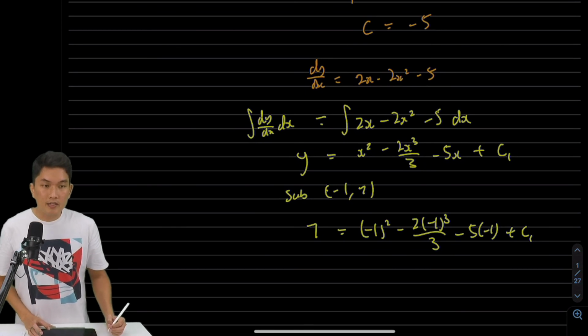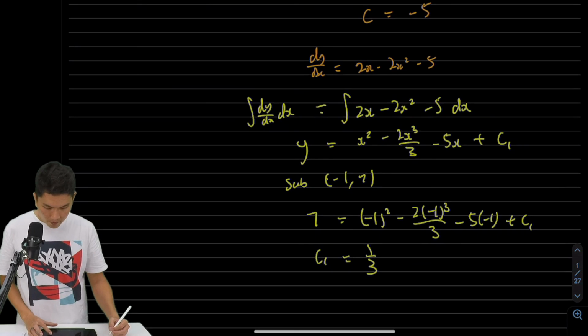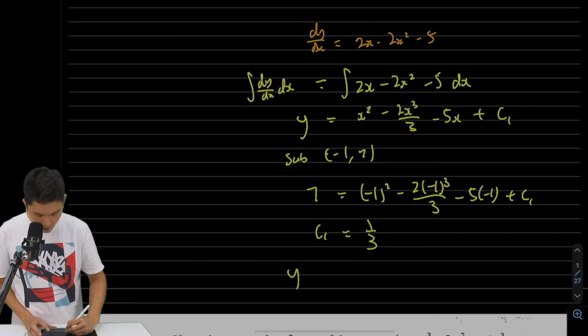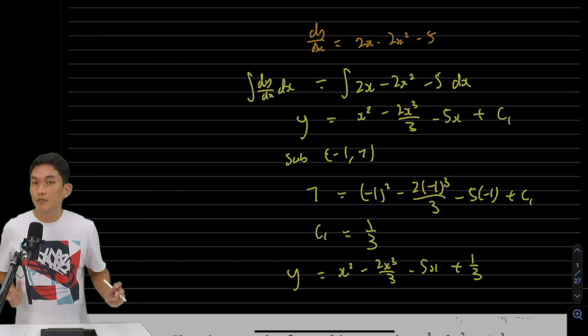Okay, and you'll get c1 is equal to 1 over 3. And therefore, we can finally write our full equation, y equals x squared minus 2x cubed over 3 minus 5x plus 1 over 3. And that is the answer for question 1.